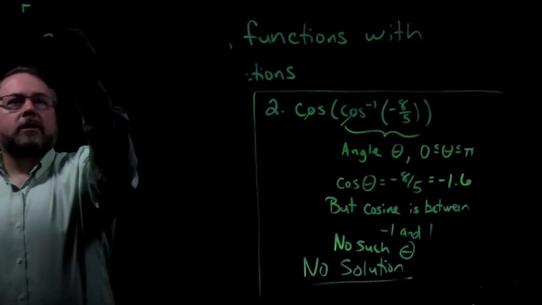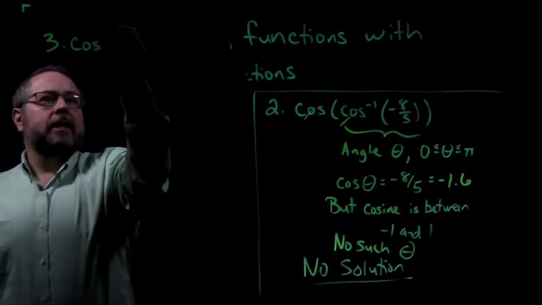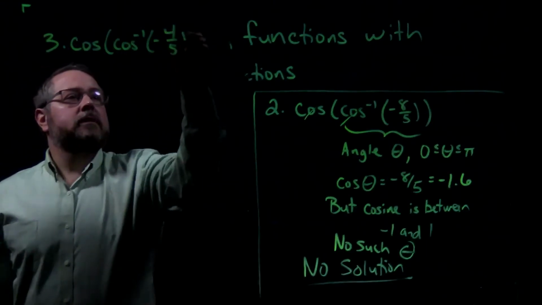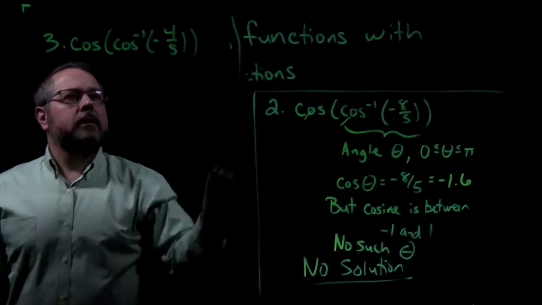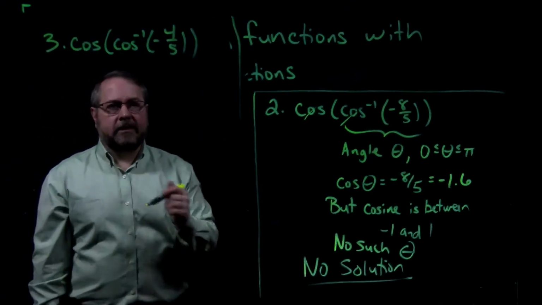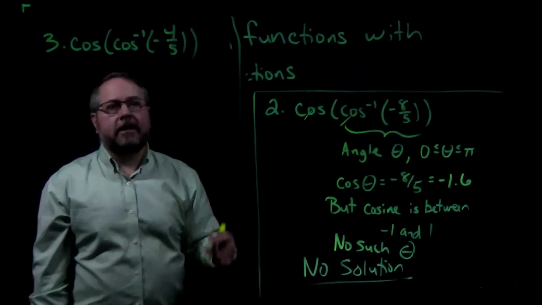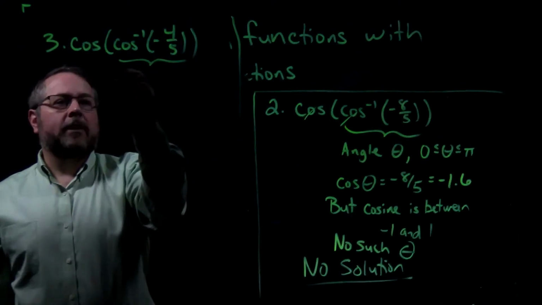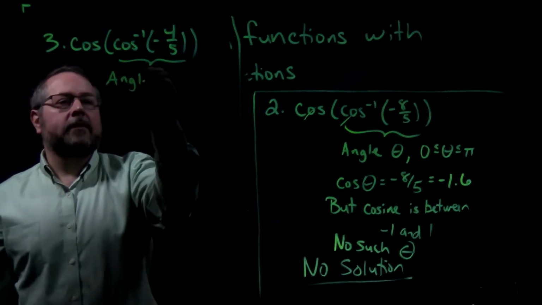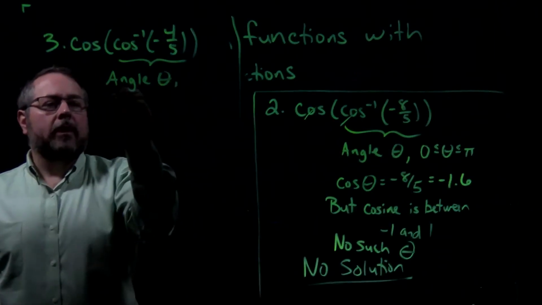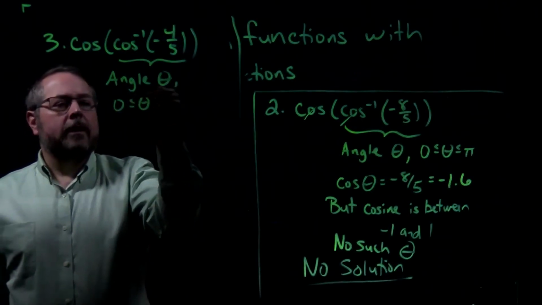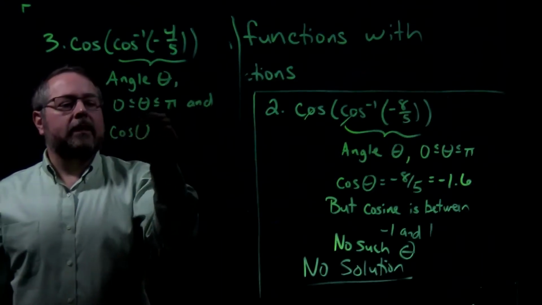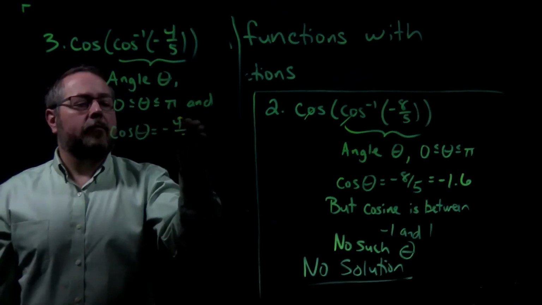So if instead we wanted to find the cosine of the inverse cosine of -4/5, well, -4/5 is -0.8, that is between -1 and 1. So now the inverse cosine of -4/5 is, again using the definition, an angle theta, where theta has to be between 0 and pi, and the cosine of theta is -4/5.